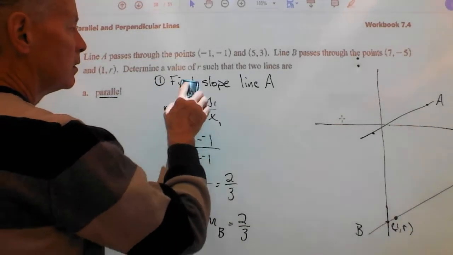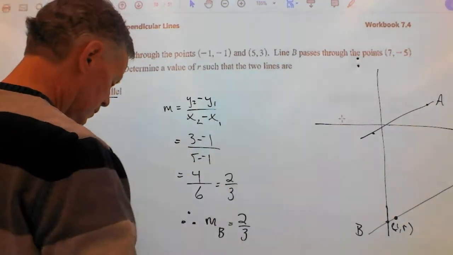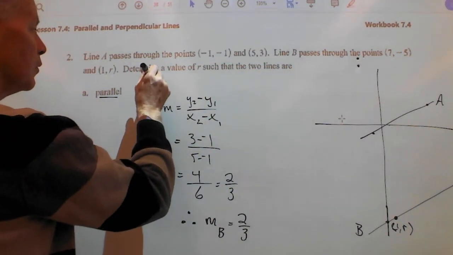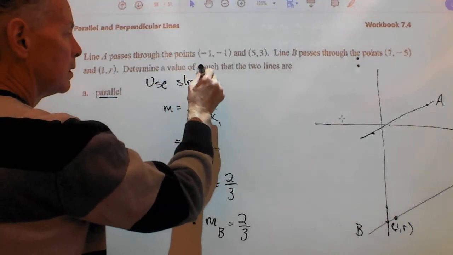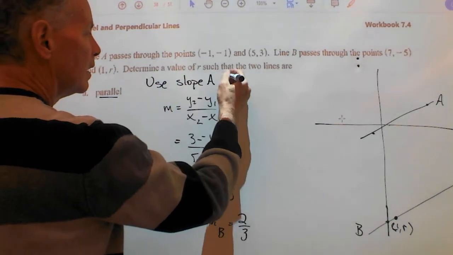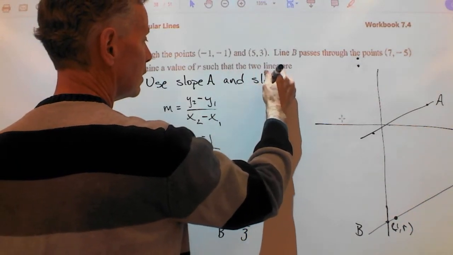Now, step 2, use the slope of line A and slope formula.